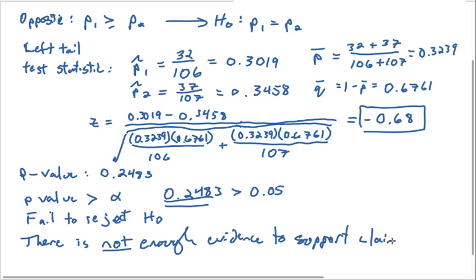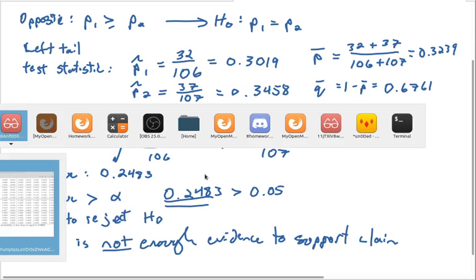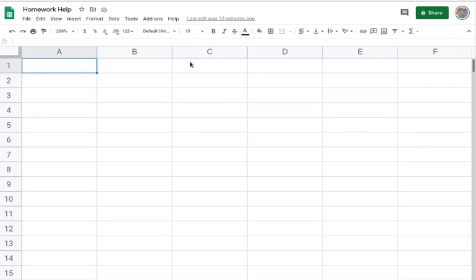So if you want to, let's look at how to find the p-value given the test statistic of negative 0.68 using our spreadsheet. So now I could calculate all these values that I did on the calculator in a spreadsheet.